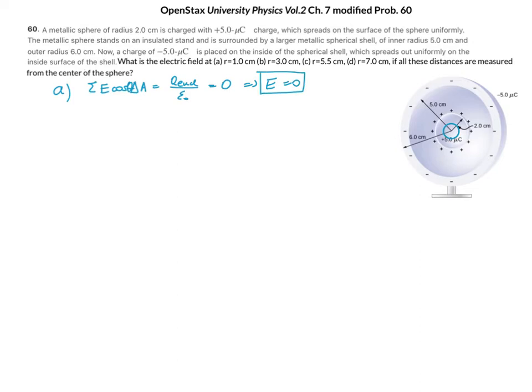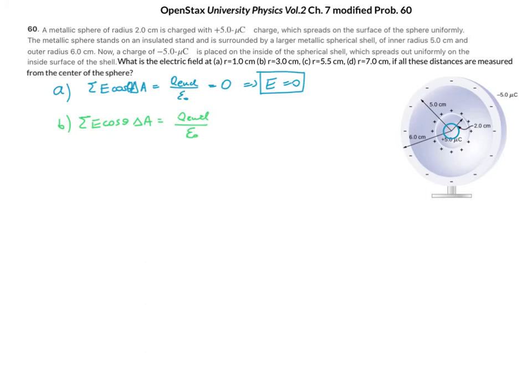Now let's look at part B. And again, we start with the sum of the electric field cosine theta delta A is charge enclosed divided by epsilon naught. And we will now draw a Gaussian surface at a radius of 3 centimeters.